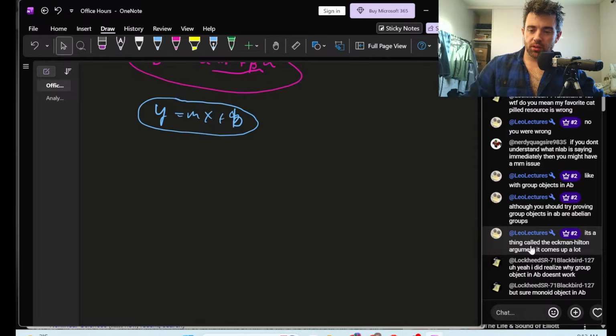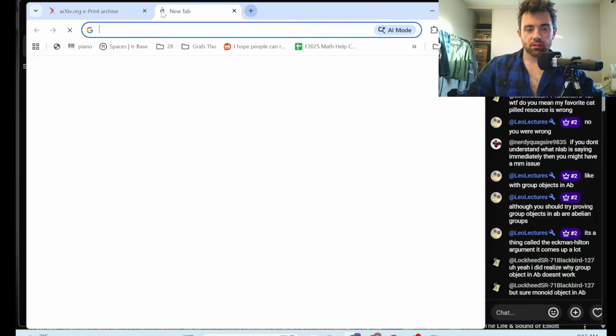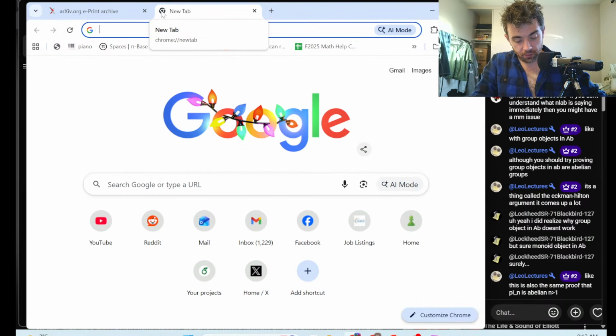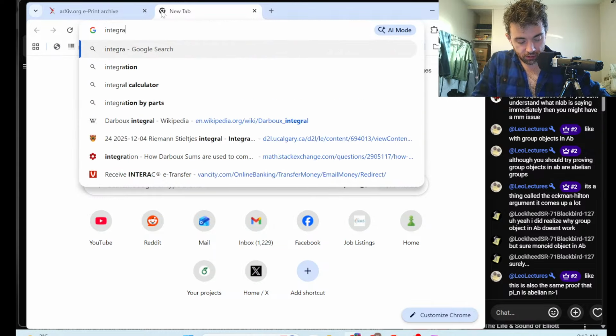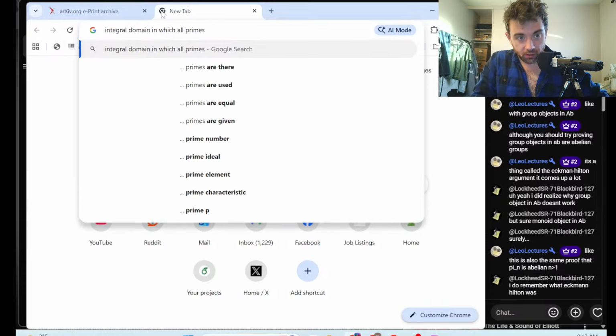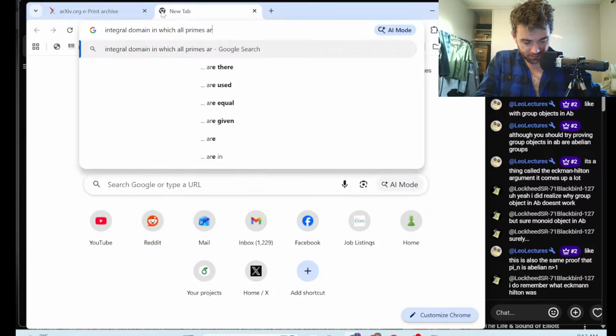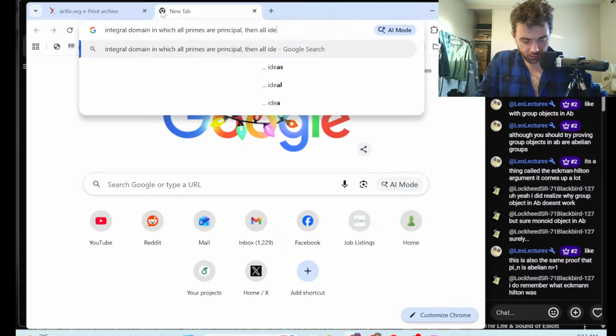I mean, I don't know. I think if you just unpack it through definitions, are you really using Eckmann-Hilton? I don't know. Integral domain in which all primes are principal, then all ideals principal.